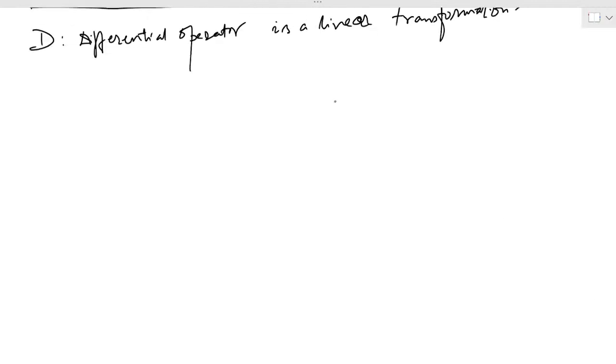Now let us take question number 4. As I told you, today it's just about questions so that you'll be able to understand, and this is very useful also. I told you many times that the postulate in quantum mechanics says that if you want to draw a correspondence between classical and quantum, every observable in classical mechanics has an operator form in quantum mechanics.